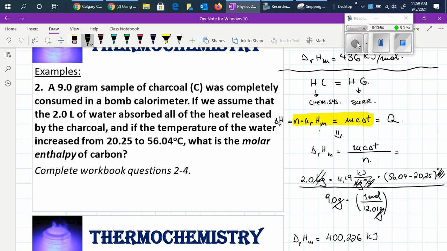400.226 kilojoules per mole. However, the final answer has to be expressed in 2 significant digits, because the lowest number of significant digits is 2, versus 4 that we have for temperature.